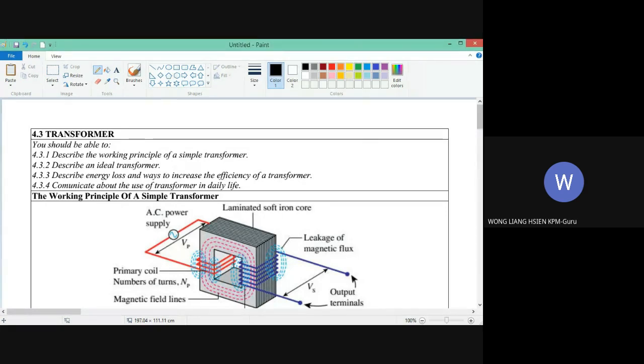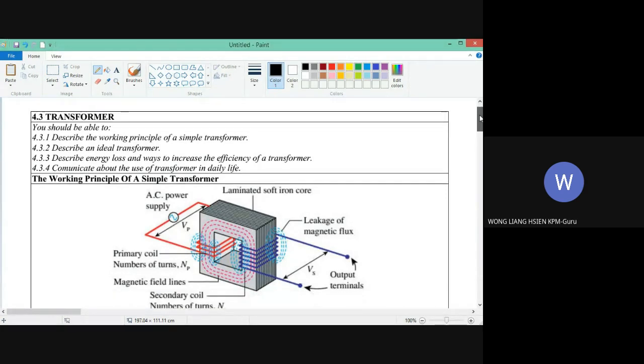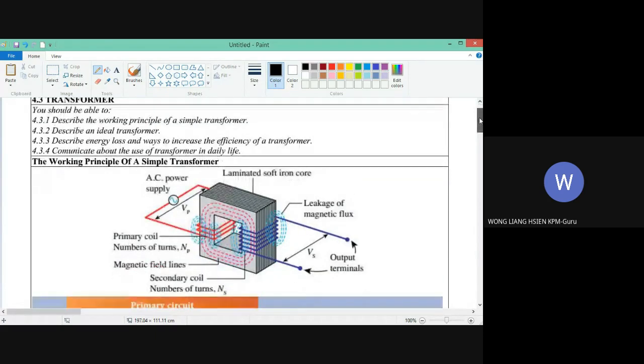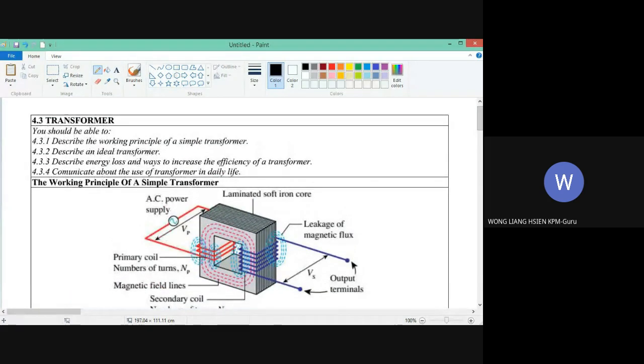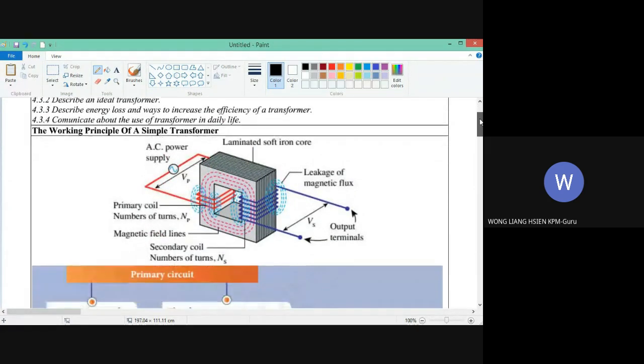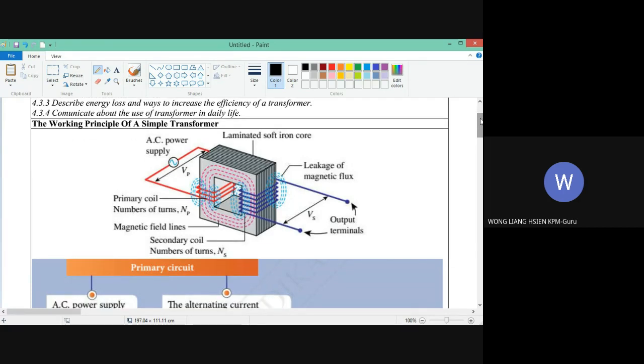All right, so we continue on to transformer. Transformer actually is not a very long topic. So first we need to understand how the transformer works. Last time you already learned about transformer in lower form science. We know that the function of the transformer is to increase or to decrease the voltage of alternating current.